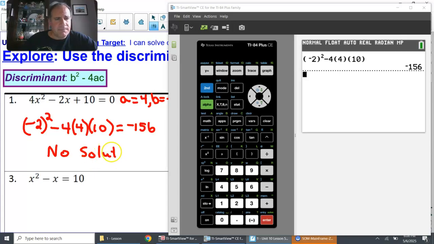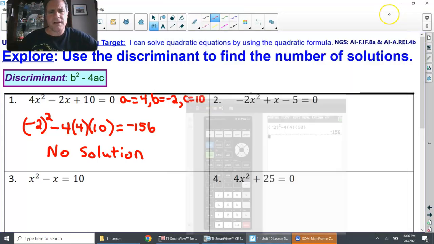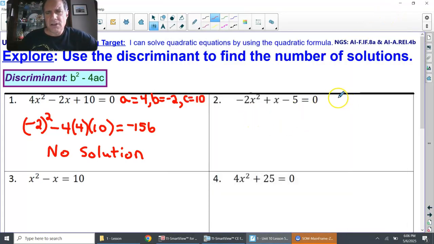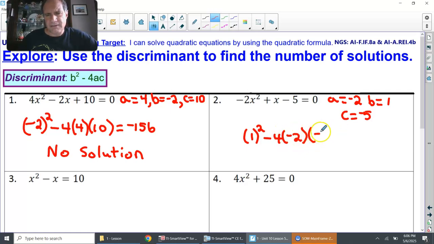It is less than 0, so this is no solution. And you could check it by going ahead and putting the quadratic into the calculator, but you really don't have to. If you really want to, you can, which is b equals 1 and c equals negative 5. Now you have b squared, which is 1 squared, minus 4 times a, which is negative 2, times c, which is negative 5.